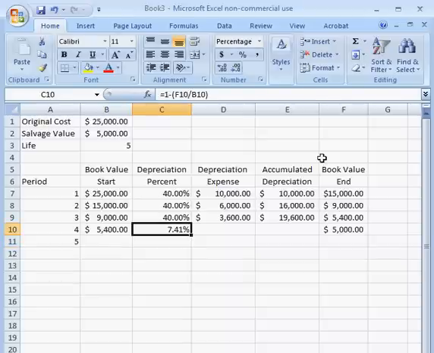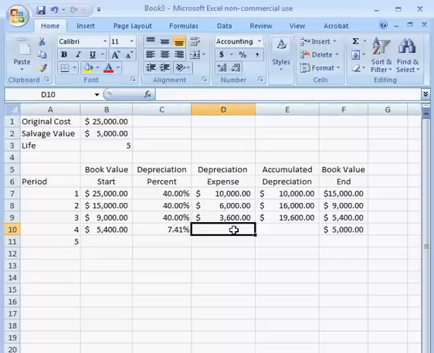So the depreciation percentage we're going to use for period 4 is 7.41%. So again, it's 1 minus the book value at the end, which is your salvage value, divided by the 5,400, which is the book value at the start.